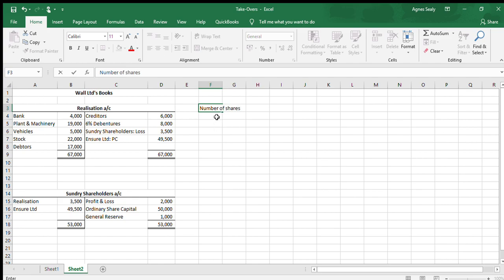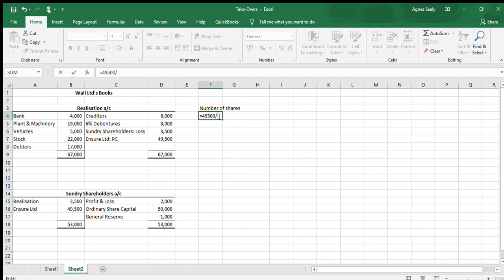So for the number of shares, we take the purchase consideration, which is the $49,500, and we are going to divide that by $2.20, because remember that the purchase consideration is $49,500 because of the shares, but these shares were issued at a premium of 20 cents.